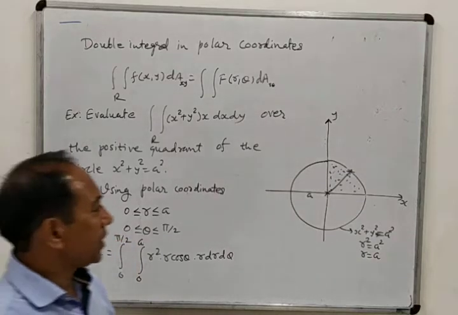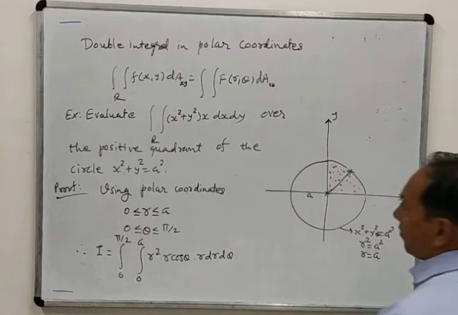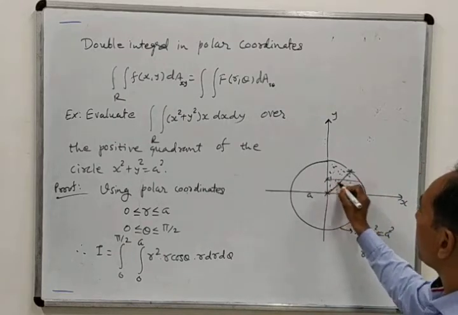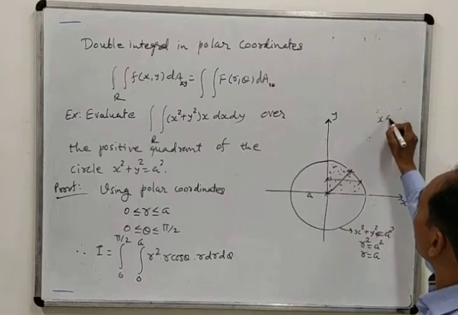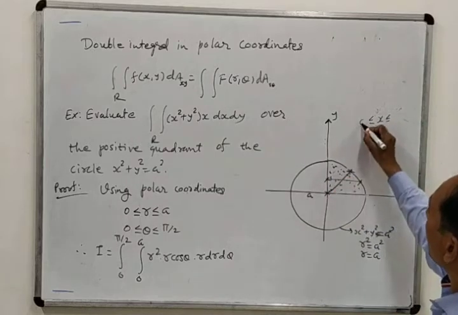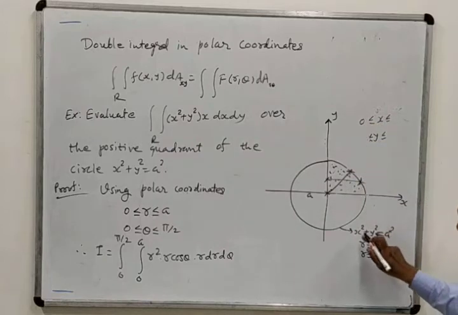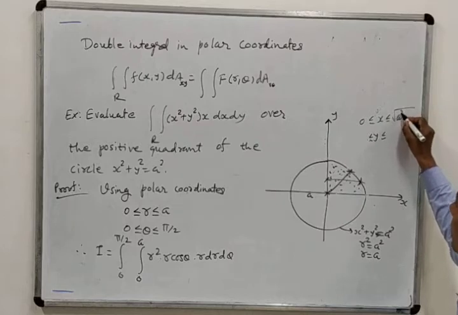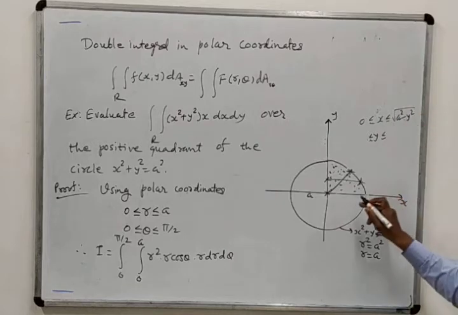Suppose you had solved this problem directly, then what would happen? If you consider the straight line parallel to the x axis, then we could have determined the limits of x first and then that of y. So x is 0 here. And what is x here? The equation is x square plus y square equal to a square. So x is root of a square minus y square. And the limits of y are what?